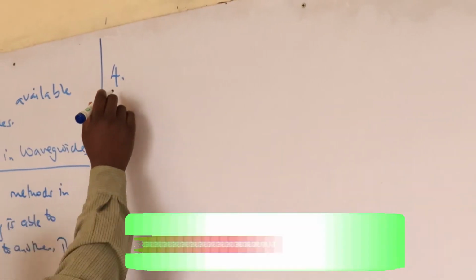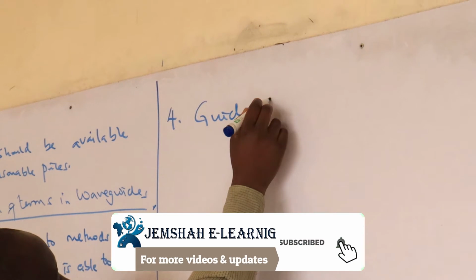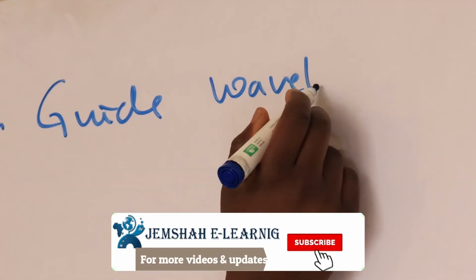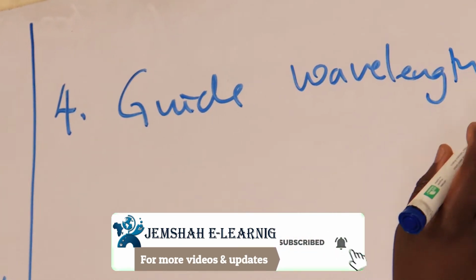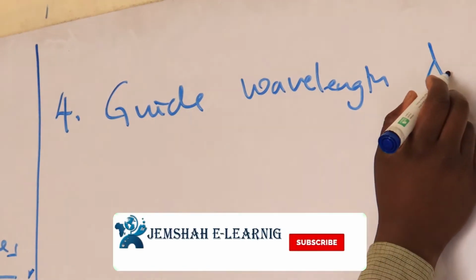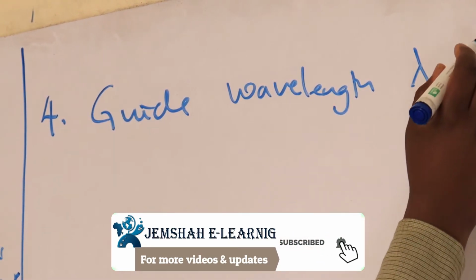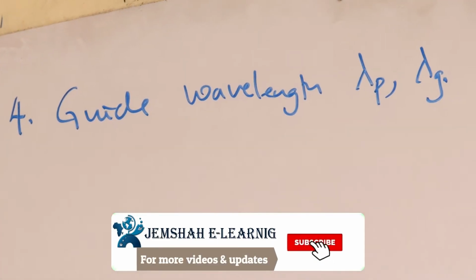We are going to have a fourth terminology, the guide wavelength. Some books refer to this as guide wavelength, and other books will also put a subscript G, so that you become aware of that.